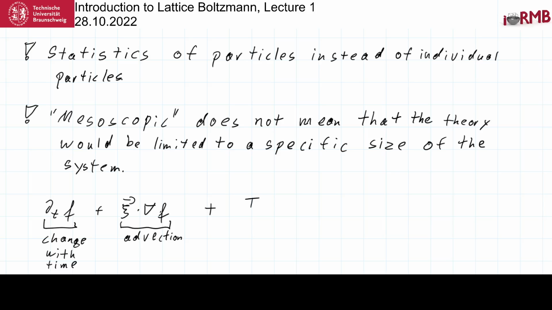Then we have a fourth term. This is something that I forgot to write down in the Navier-Stokes equation. In the Navier-Stokes equation you could also have a force term, but I left it out, unfortunately. What does force term mean here? What we mean by these forces are the long-range forces.